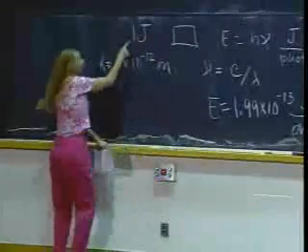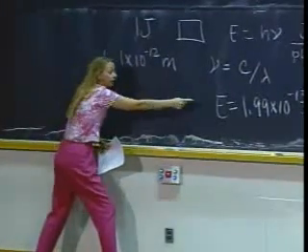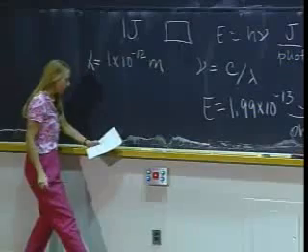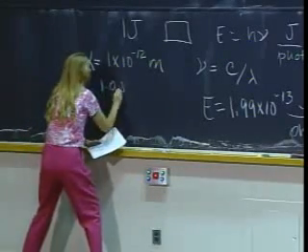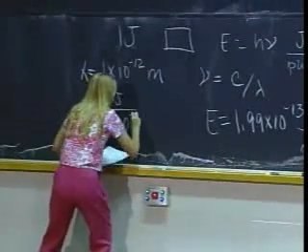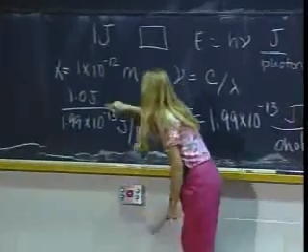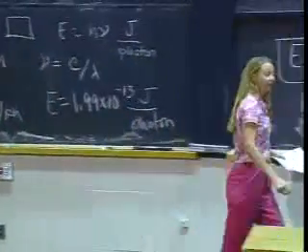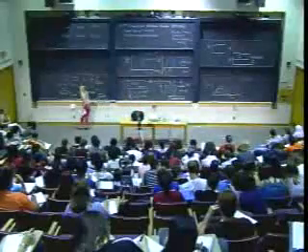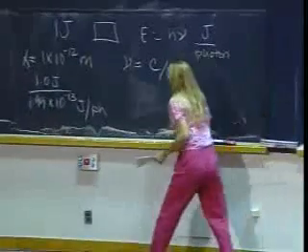And now if I want a pulse of energy that's 1 joule, and each photon has 10 to the minus 13 joules per photon, well, that's 1 joule divided by 1.99 times 10 to the minus 13 joules per photon. Well, you can calculate that. It comes out to be 5 times 10 to the 12 photons, right? That's what I will need then, that's the answer then.